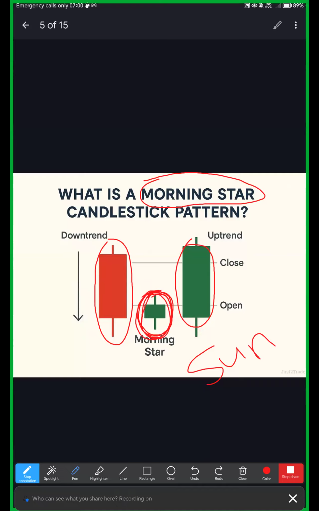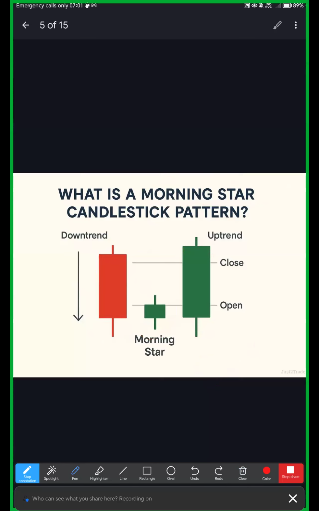So we are saying a morning star pattern is considered a bullish reversal pattern, first of all. It occurs at the bottom of a downtrend. The market is trending downward.